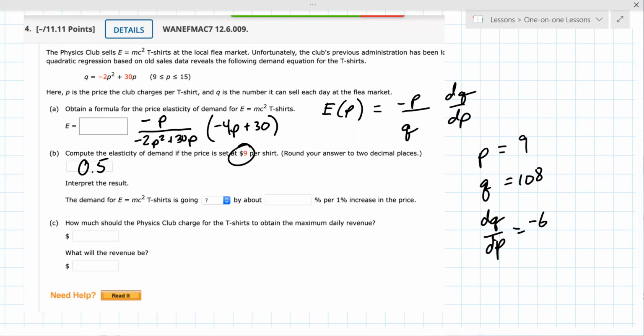How did you get the -6? That's this part over here when you put p in. So I'm trying to give you the individual values, but you can also just put it right into this formula to get the value.